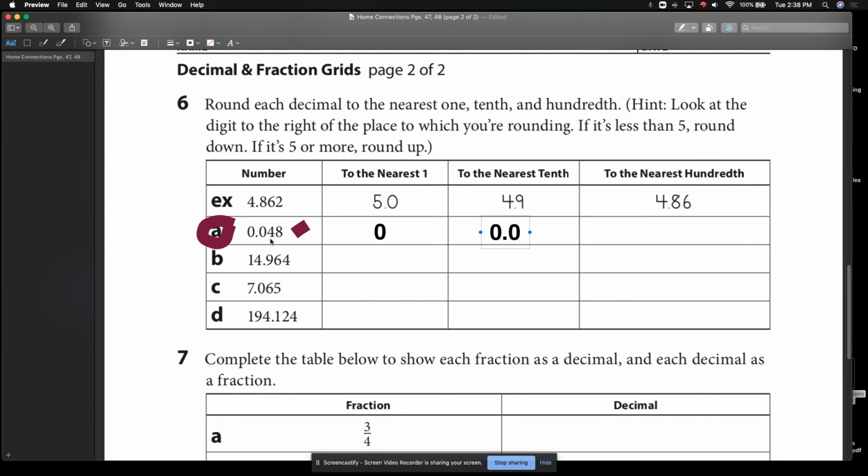And then lastly I look at the hundredths place, and so I'm looking at the 4 here in the hundredths place, so I have to look at the thousandths to see what I do. Since 8 is greater than 5, I want to bump that 4 up to a 5. So really it just becomes 5 hundredths. 0.05. So 48 thousandths rounds up to 5 hundredths.